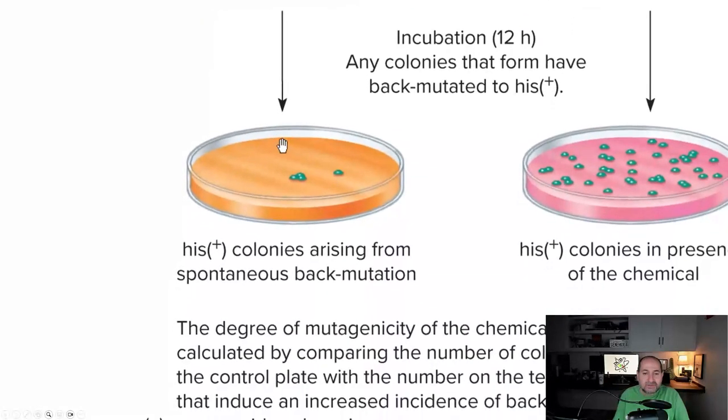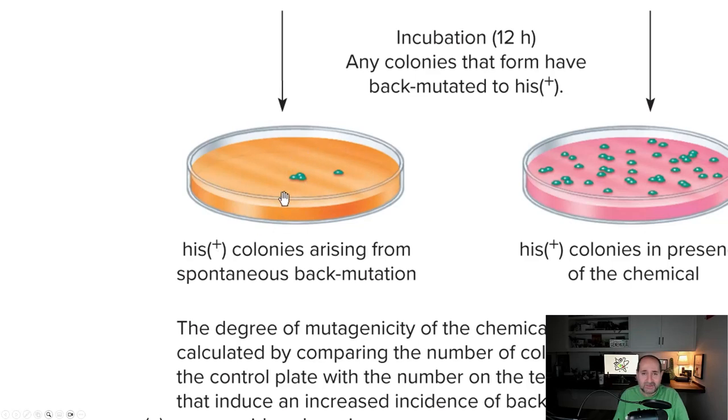Now, some bacteria do end up growing on this plate, and those are known as the back mutations. They're the ones that fixed the histidine mutation and are now His positive.